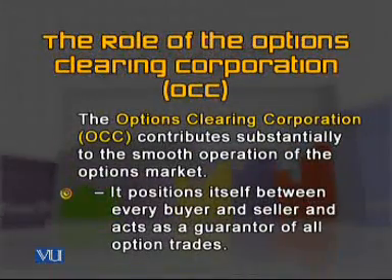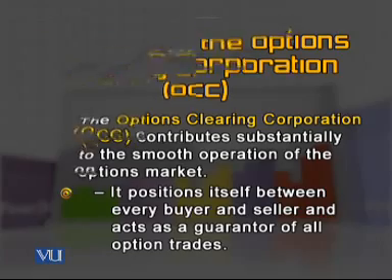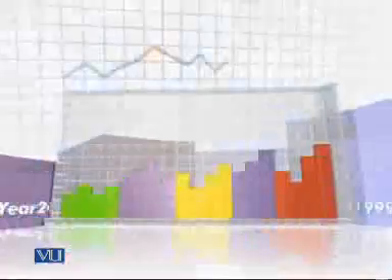So the OCC positions itself between every buyer and seller and acts as a guarantor for all options traded. It becomes a middleman, becomes a guarantor, offsets the positions, is responsible for the deliveries, brings some sensibility to the market, and brings some calmness to the investors that there's somebody who's looking after their interests.